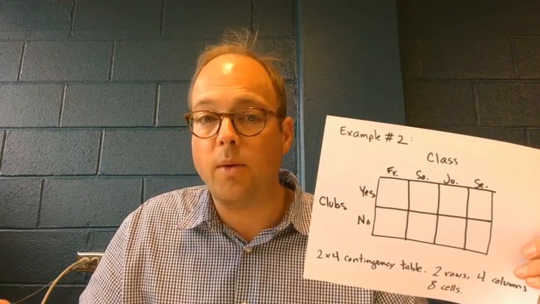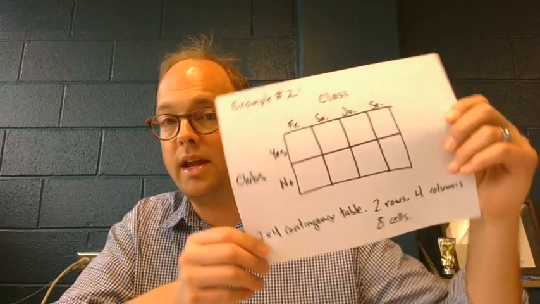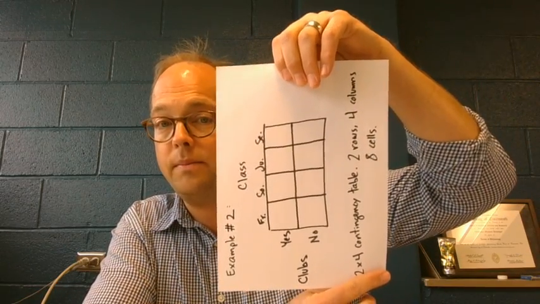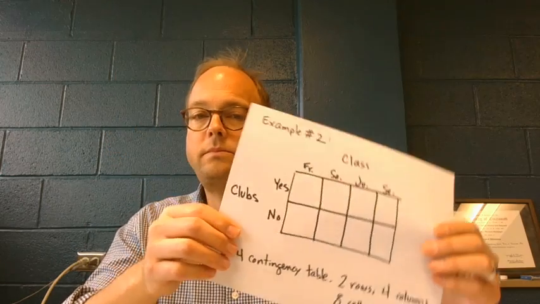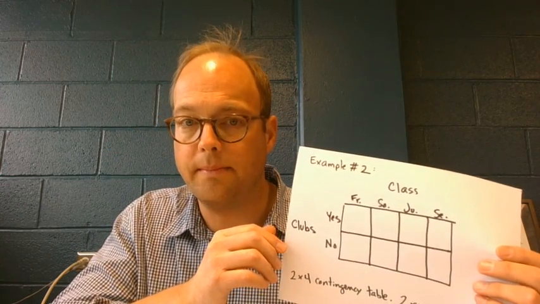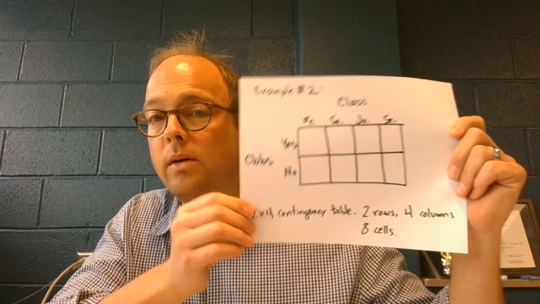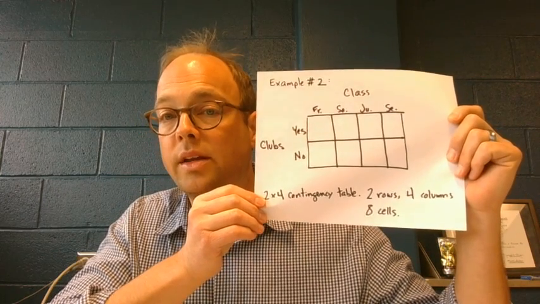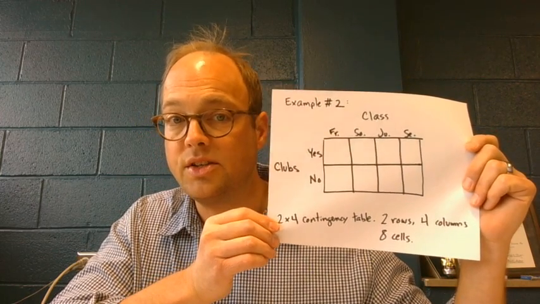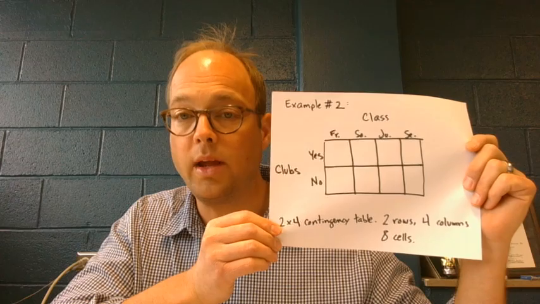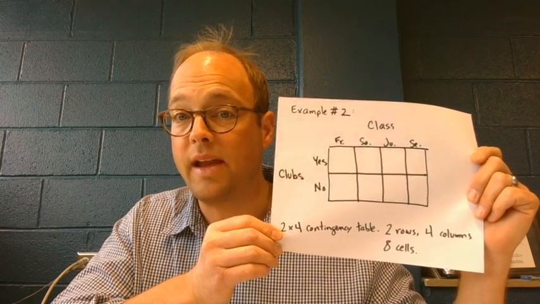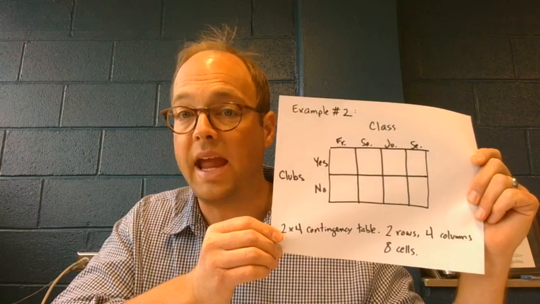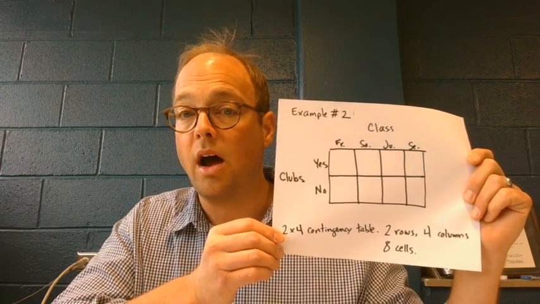But for right now, I chose to set it up this way. If you wanted to set it up that way, you could, or I guess that way looks a little bit better. You could. The end result is the same. But for now, I just want to orient you to the idea of a contingency table. It is the table or the grid on which our 2 variables and their respective categories are represented.